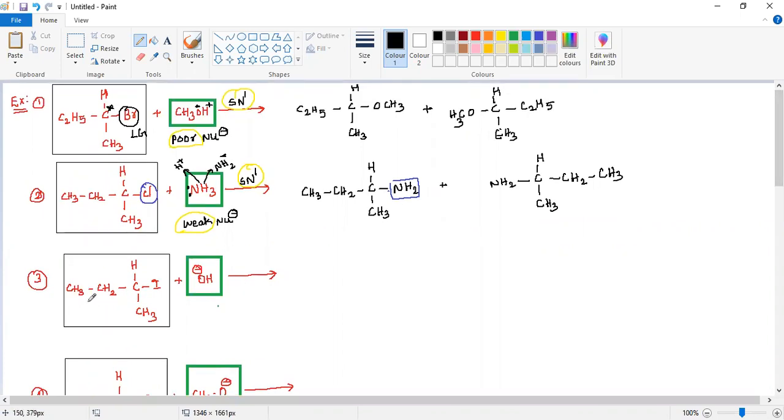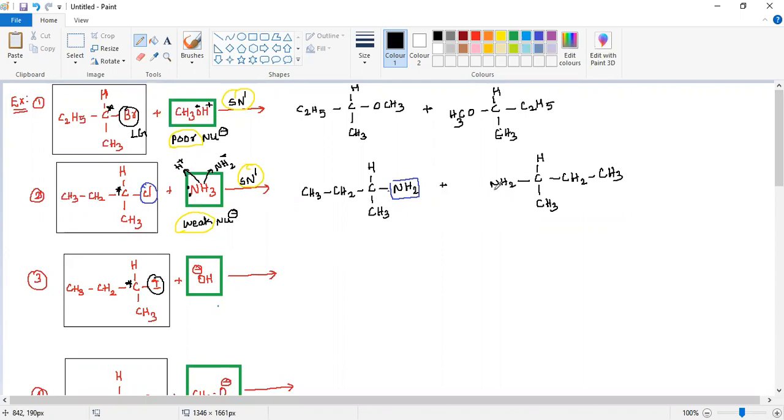Now go to the third example. In the third example, this one also has a leaving group. Sorry, I forgot to mention the chiral carbon. This one is also a chiral carbon, undergoes optical activity and can give enantiomeric pairs.